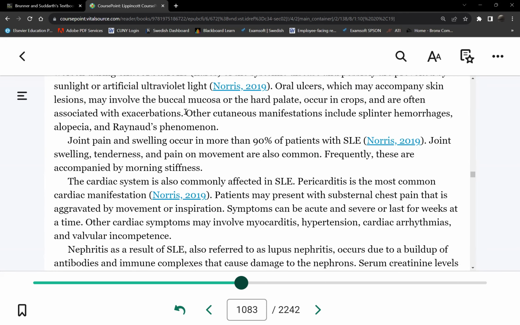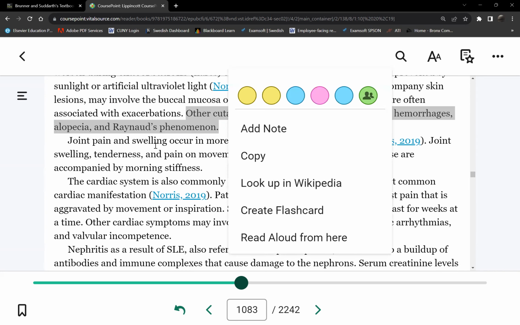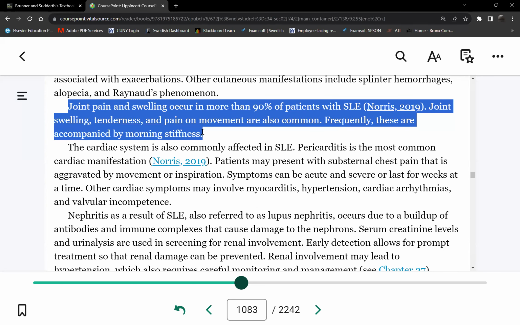And here are other problems. You may remember this from rheumatoid arthritis as well. Okay, so rheumatoid arthritis was also an autoimmune disorder. So same, they're at risk for Raynaud's phenomenon as well, just like rheumatoid arthritis patients. Because this is a systemic connective tissue disorder, there's also joint pain and swelling.